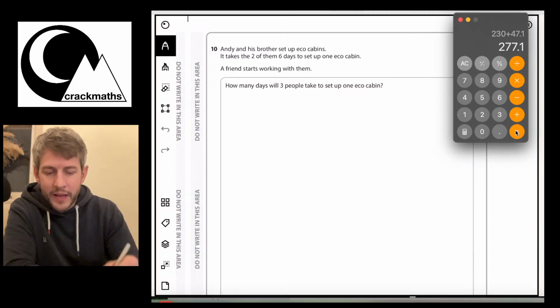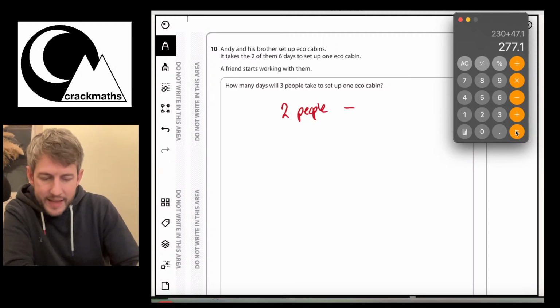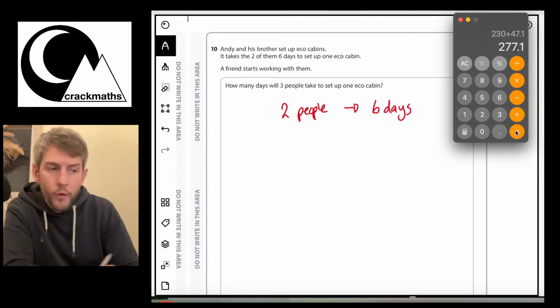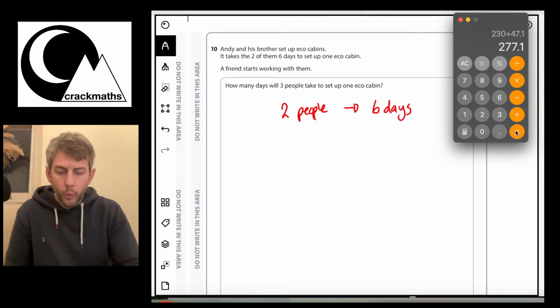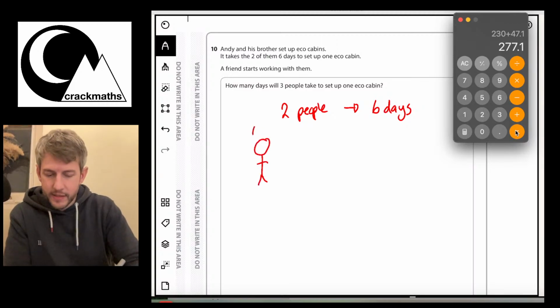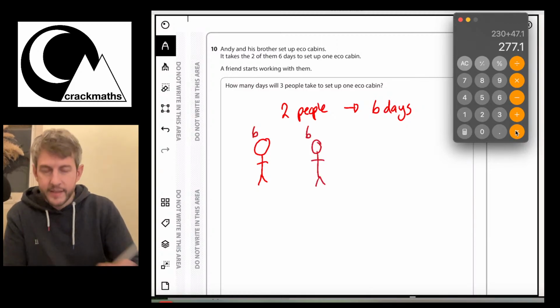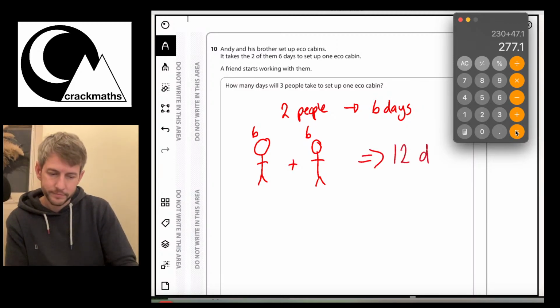So we always start with this: if I know that 2 people take 6 days, that means we've got both people working 6 days. So I've got one person here doing 6 days, and one person here also doing 6 days. So altogether, they are doing 12 days of work.